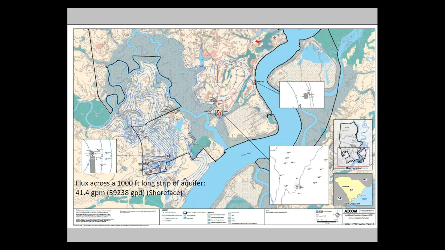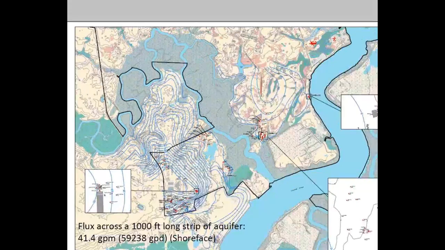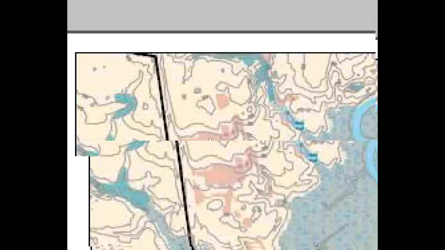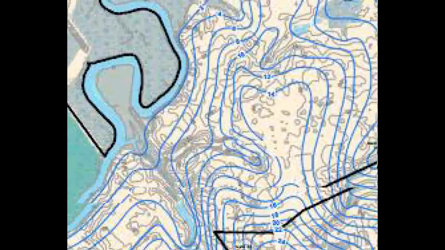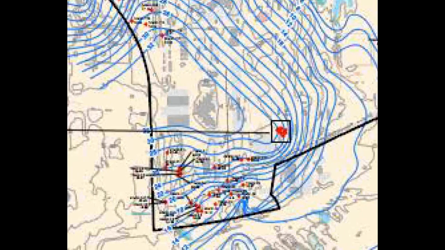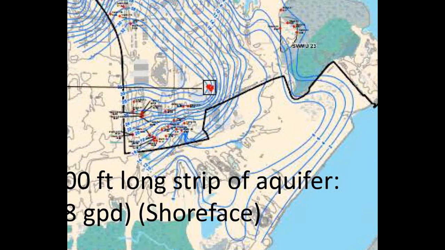I'll just zoom in a little bit on this little area down here. So you can see that just depending on where you are, groundwater could be going any number of different directions, except possibly back toward the high topography.